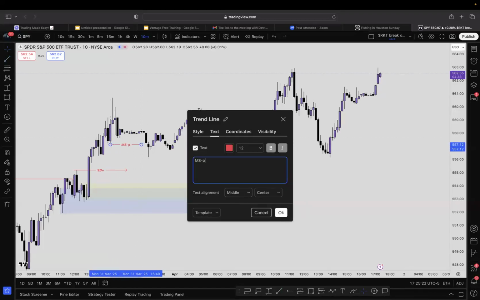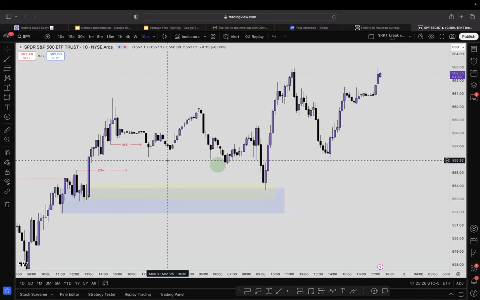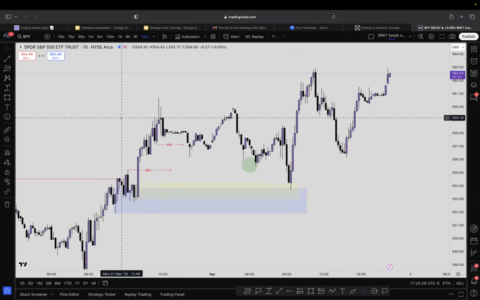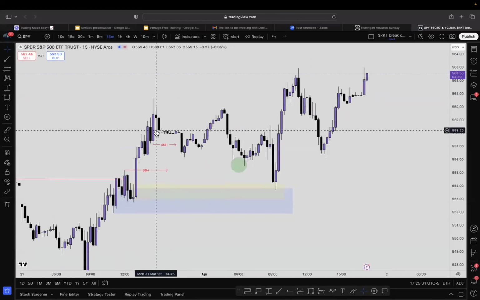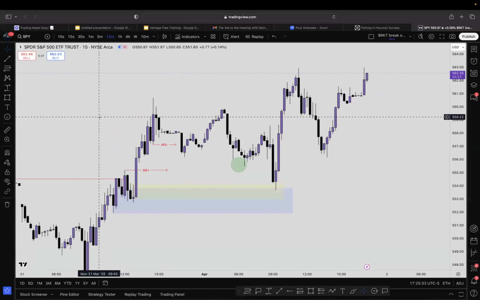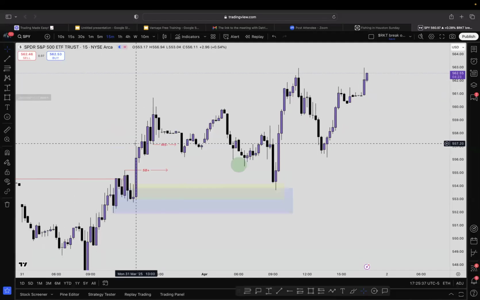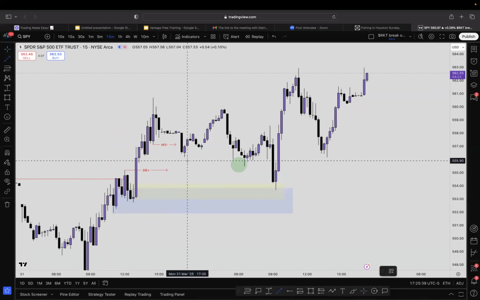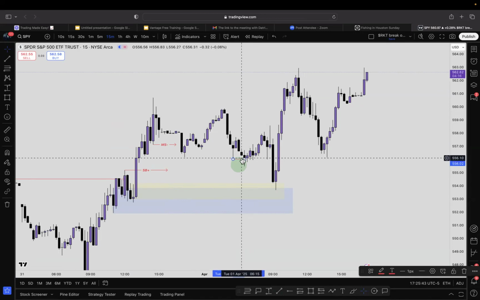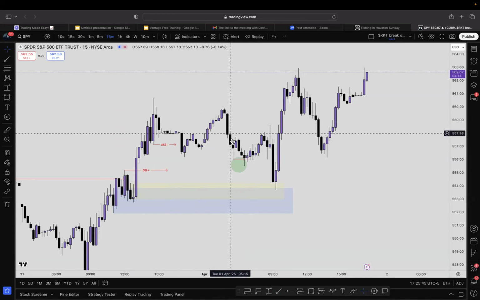So once price broke that, there's our market structure shift to the downside. So then from here, let's go back to a 15. So then from here, let's just continue this, and we see bearish here, structure break to the downside.